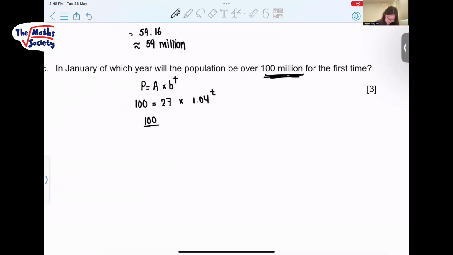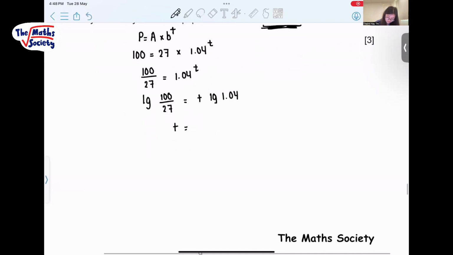So firstly, we'll divide, and then you have 1.04 to the power T. So T is just going to be log 100 by 27, so you'll have T log 1.04. And then for T, you just divide log 100 by 27 by log 1.04.